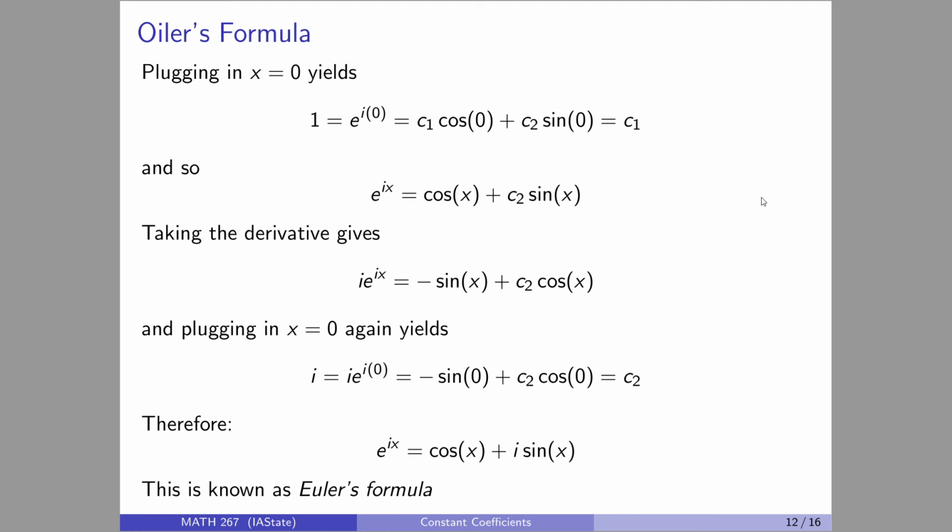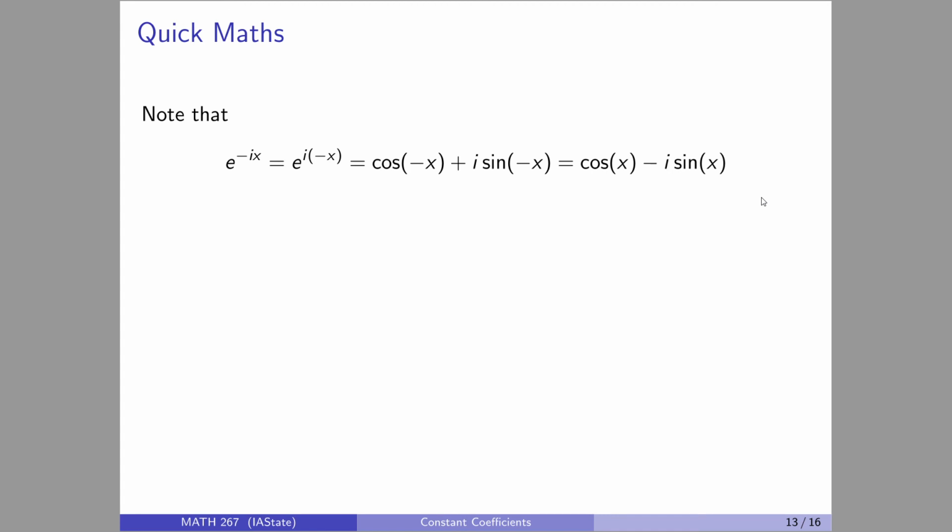All right, so before we go forward in using this to actually solve some DEs, there's some quick things I want to point out. E to the negative ix is the same thing as e to the i of negative x, and if we plug that into Euler's formula, that gives me cosine of minus x plus i sine of minus x. Well, sine and cosine, remember, are even and odd functions, respectively, so cosine of a negative is just cosine of the original.